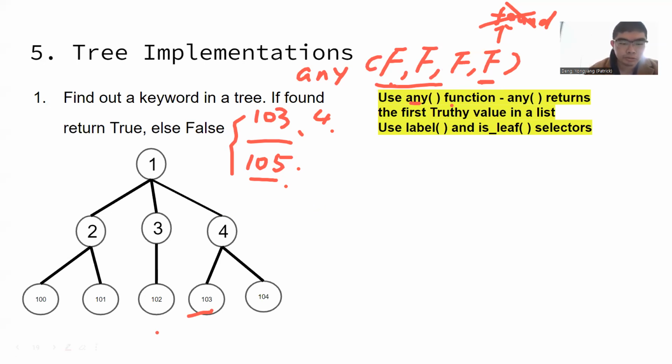So we use the any function to collect all the conclusions as we travel through the paths. After we finish all the paths, we evaluate to see if we actually have a true. If so, return true, else return false.